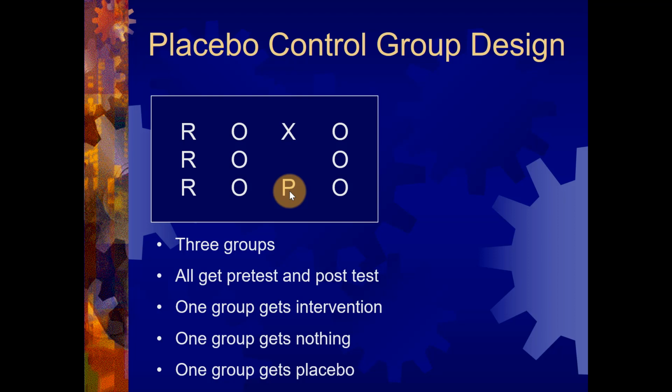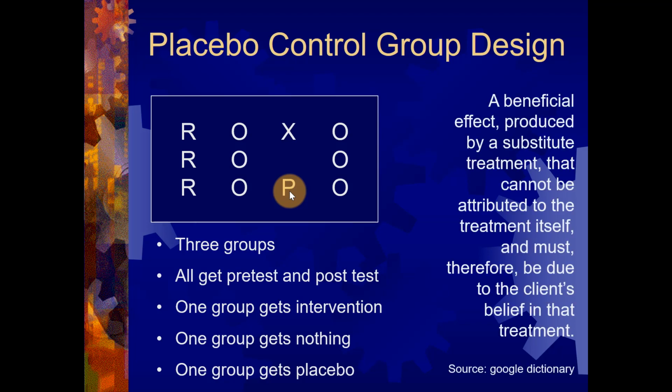So this design is trying to account for the placebo effect, which according to the dictionary is a beneficial effect produced by a substitute treatment that cannot be attributed to the treatment itself and must therefore be due to the client's belief in that treatment. So the client believes that they are receiving a treatment and therefore they get better, even if they're not getting the new depression intervention in this case and they're just getting standard therapy.